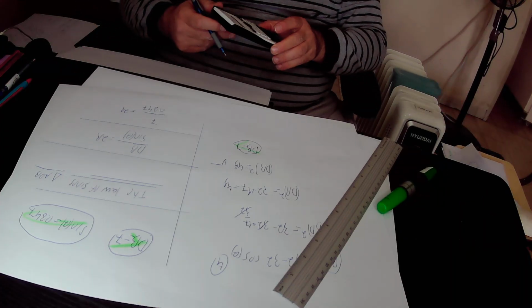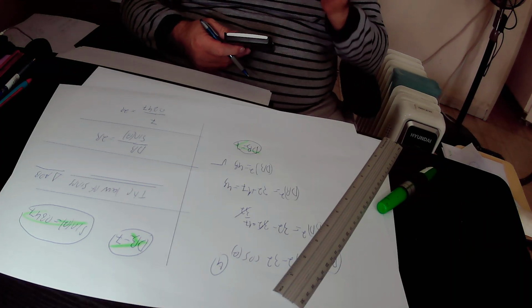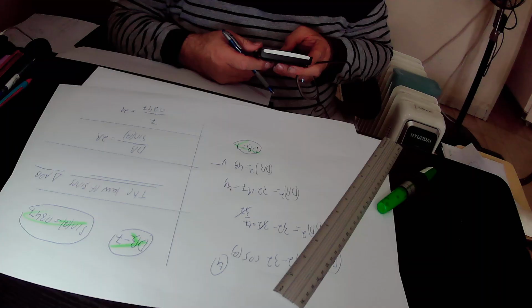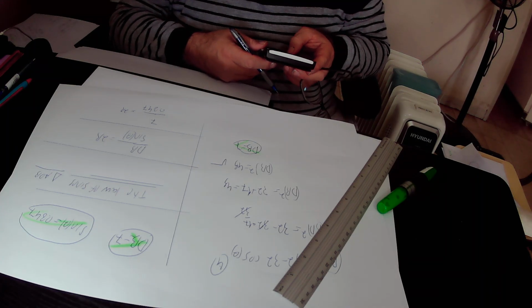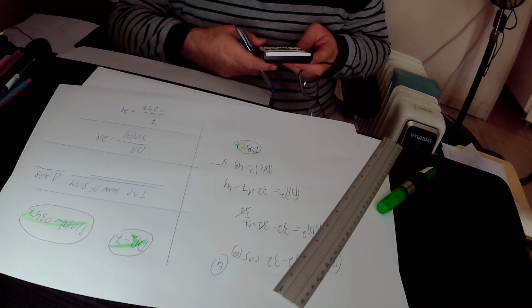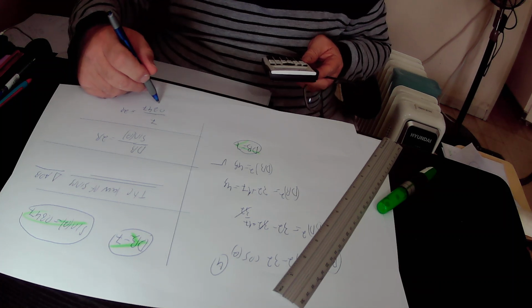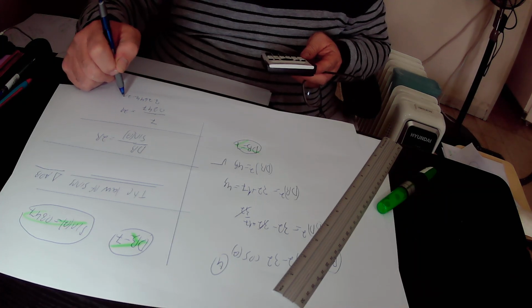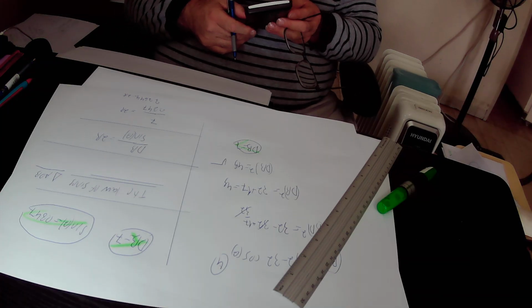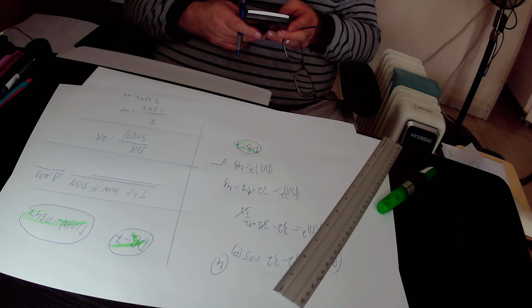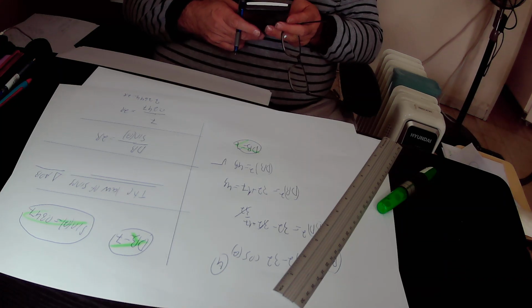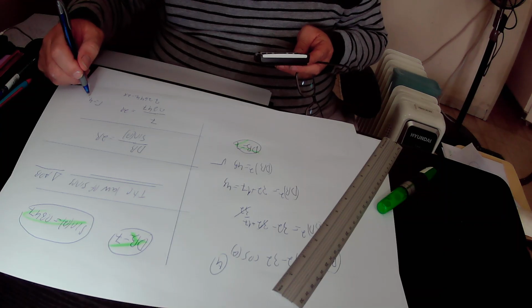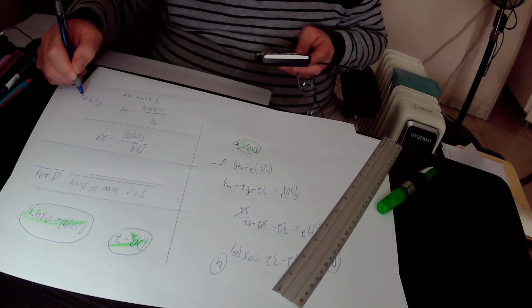7 over 0.847 is equal to 8.2644, which equals 2R. So here we divide this equation by 2 and find that R, the radius that we are looking for in this question, equals 4.132 units in length.